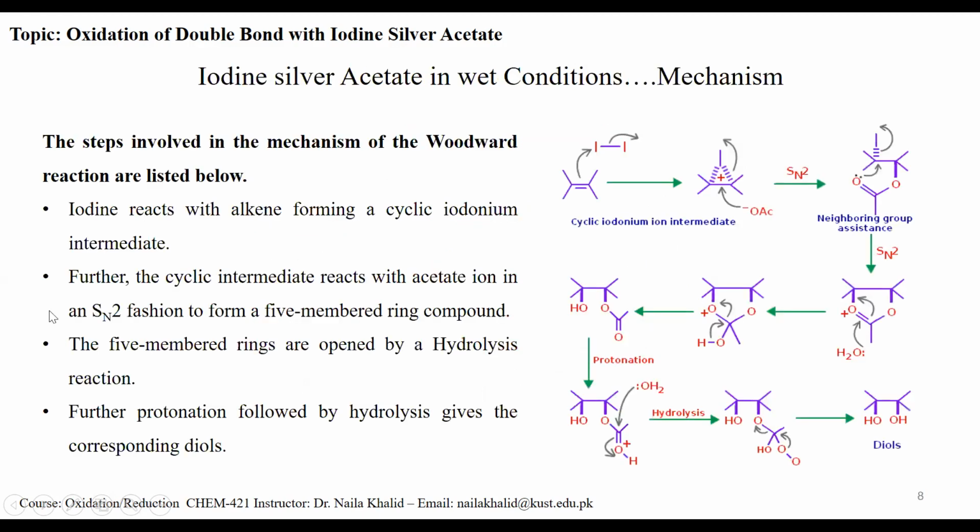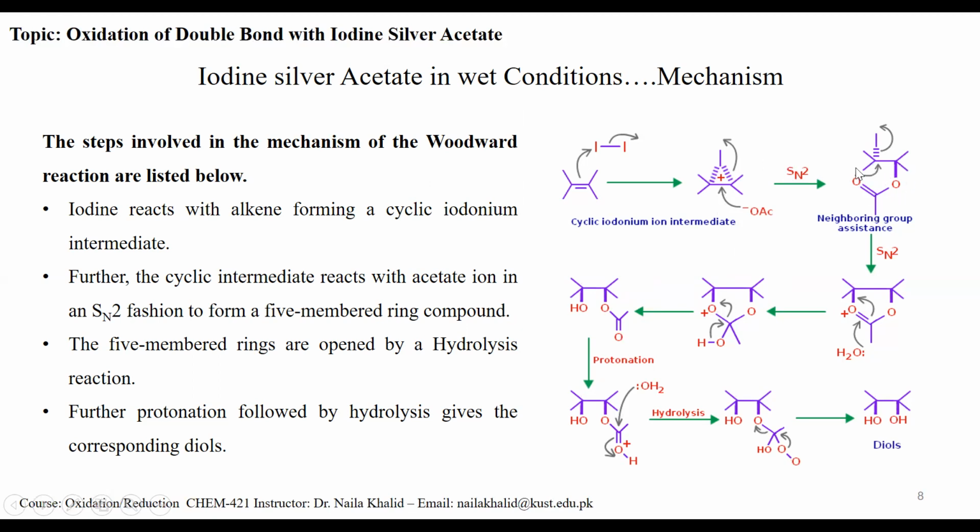The mechanism of this reaction involves different steps. The first step is the iodonium ion formation. The second step is the bimolecular nucleophilic substitution reaction. Acetate ion is the nucleophile attacking over here. Iodide is removed. And then this acetate ion, once it gets attached, will also attach to another carbon.